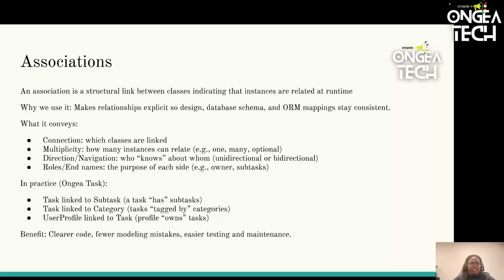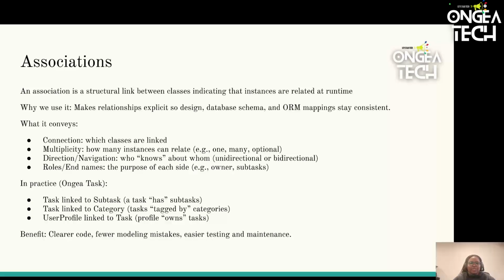So it shows a connection, like which classes are linked, because not all classes will be connected to one another. And then it shows multiplicity. You see what we were talking about with one to many, many to many, many to one. So we will have that shown somehow in the UML class diagram.